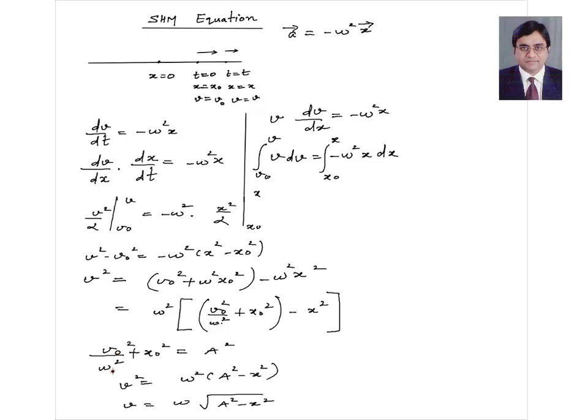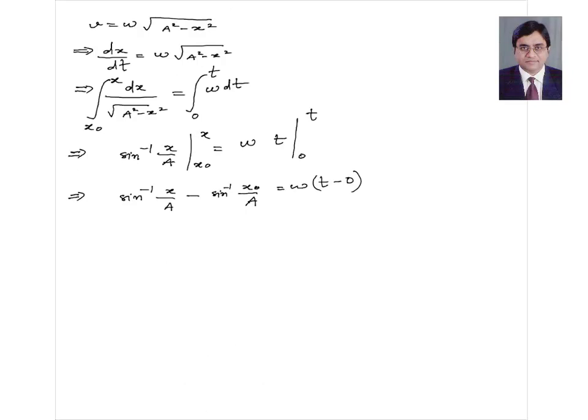So A is constant for a specific SHM. x naught is constant for a specific SHM. And since it is sine inverse, it is an angle. For the angle, I am using delta. So delta is sine inverse x naught by A.